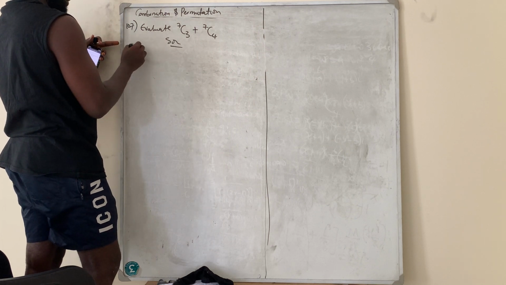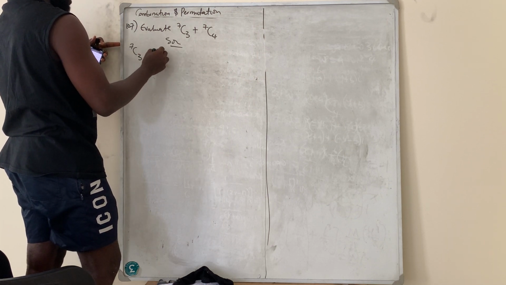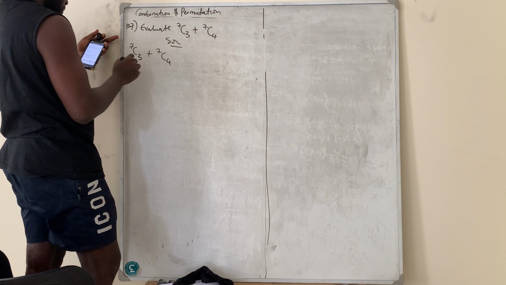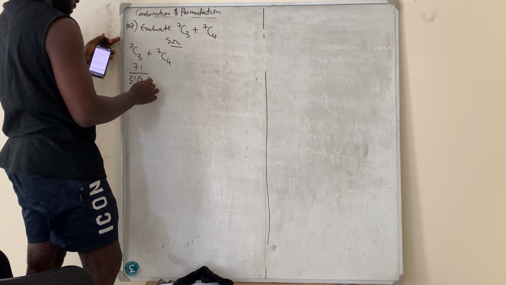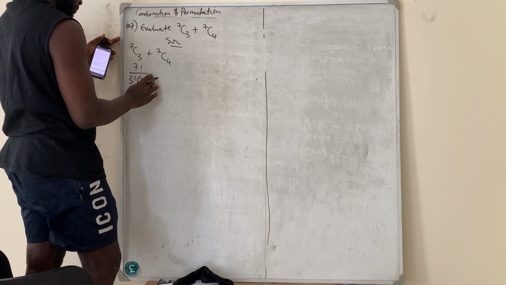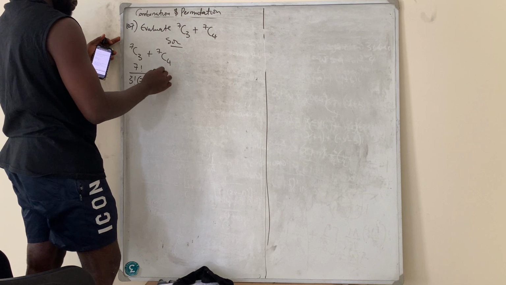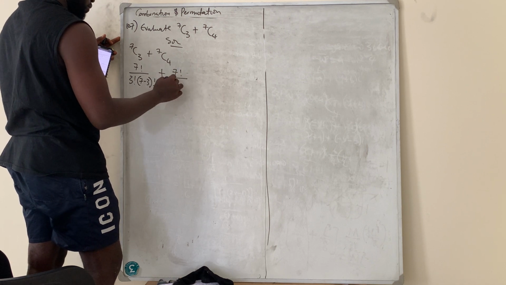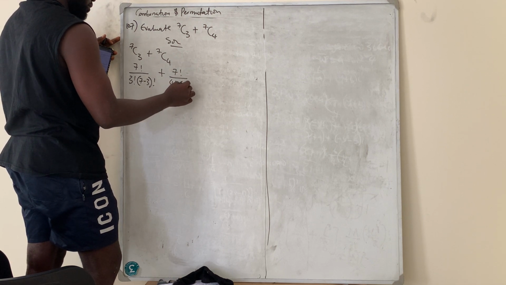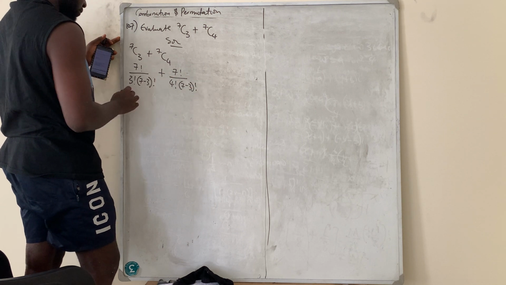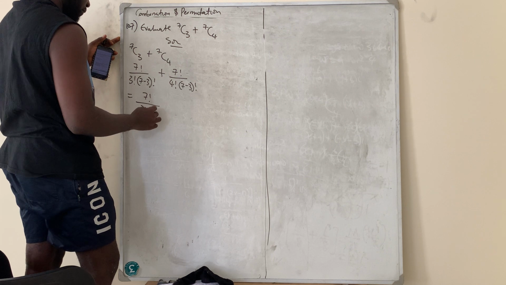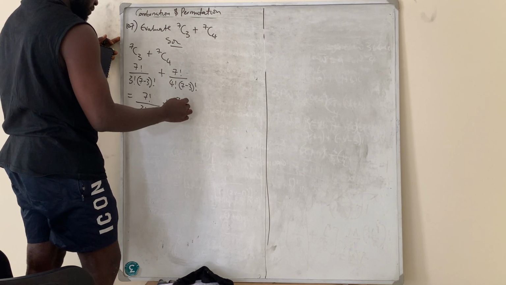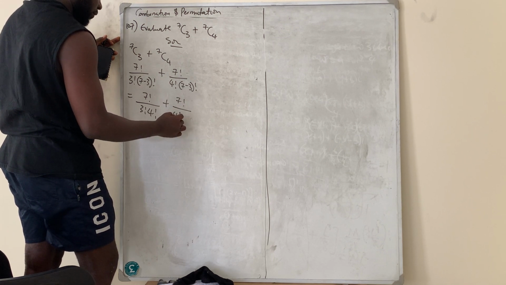So we have 7 combination 3 plus 7 combination 4, which is 7 factorial all over 3 factorial, then 7 minus 3 factorial, plus 7 factorial all over 4 factorial, then 7 minus 4 factorial.